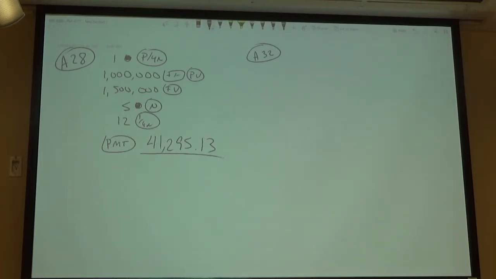The reason I have this one circled, A32, is that the wording is a little confusing, okay?